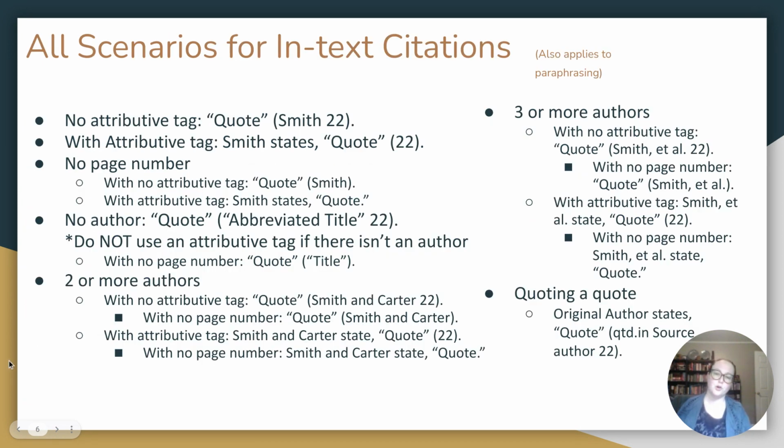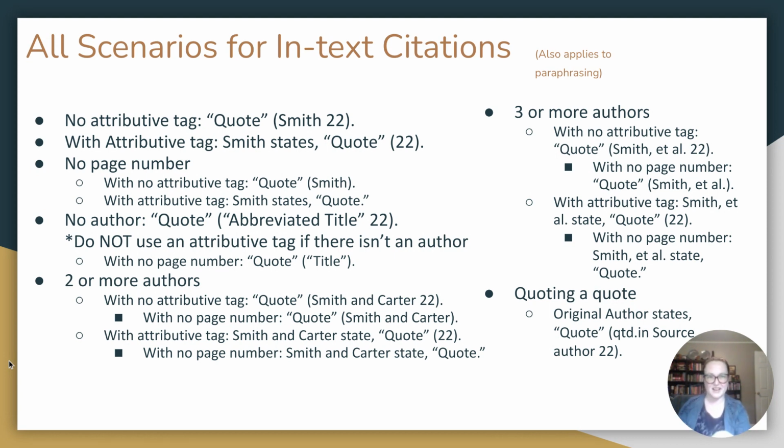If you have two or more authors, you have both their names separated by and. Basically, the same rules apply. If you have three or more authors, you're going to use the et al. abbreviation. So you'll list the first author listed.